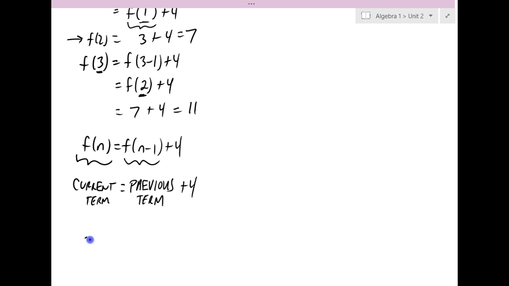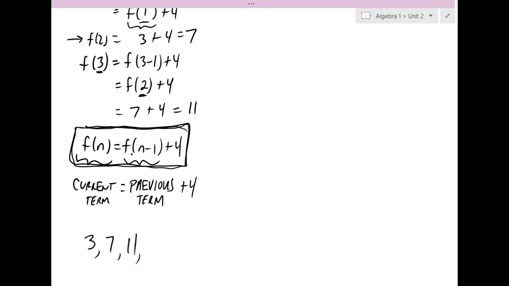So far we found out that the first term is 3, the second term is 7, the third term we calculated as 11. All we're doing is taking the previous term and adding 4. That's what this formula is telling us to do. So if we think of it in words instead of algebraically, all these symbols in this box look kind of confusing.